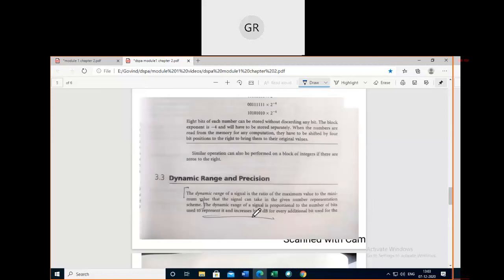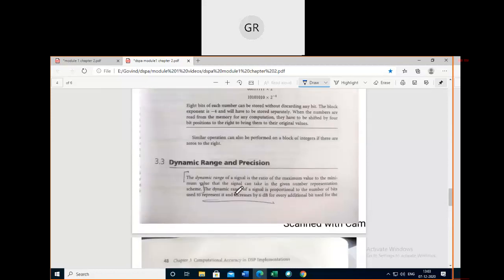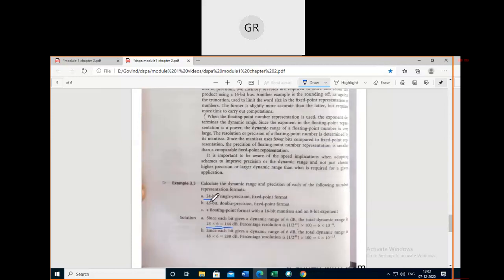This is very important. The dynamic range of a signal is proportional to the number of bits used to represent it and increases by 6 dB per bit. For that value we multiply. For example, 24 bits means 24 into 6 dB, which becomes 144 dB. Similarly, for 48 bits, 48 into 6 dB is 288 dB.